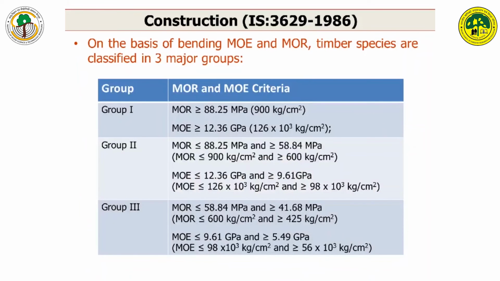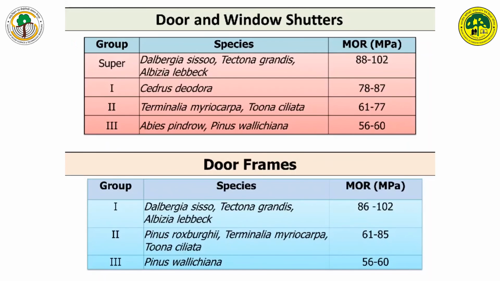So any sapwood has to be treated to make it more durable. And these are the properties which are required for construction, and IS 3629 covers this. So here also 3 different groups are there: group 1, group 2, and group 3. And these are the parameters required in terms of modulus of rupture and modulus of elasticity.